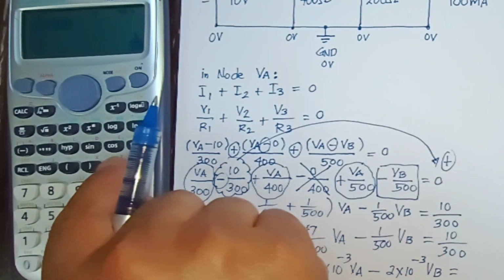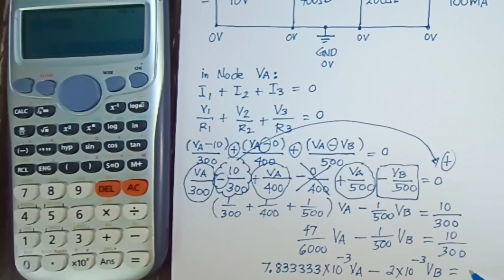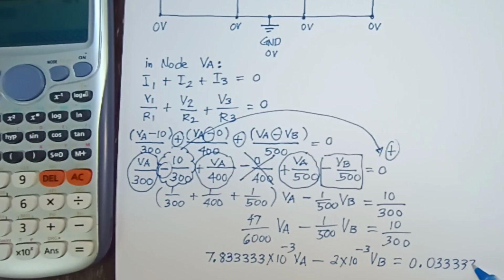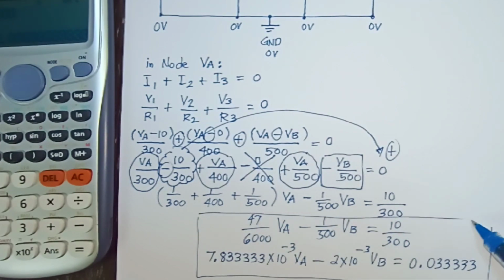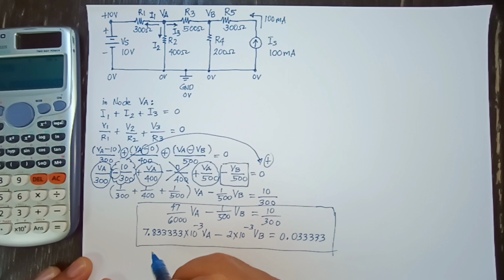And the 10 over 300 by using the calculator will become 0.033333. So there you go. We have our first equation by using the node VA. So we write it here. Let's write equation number 1 with respect to node VA.